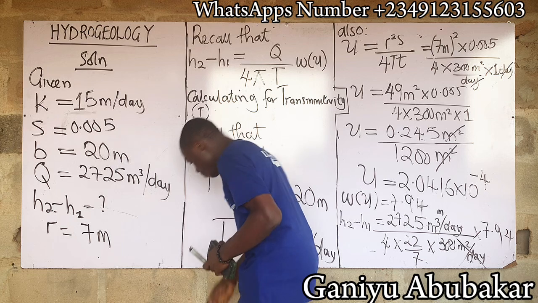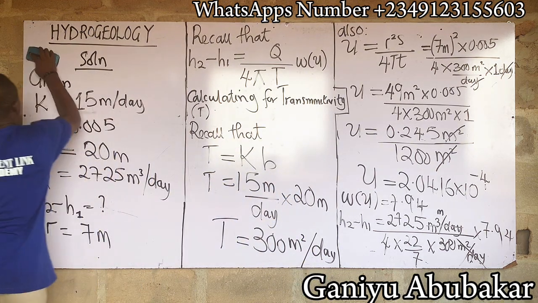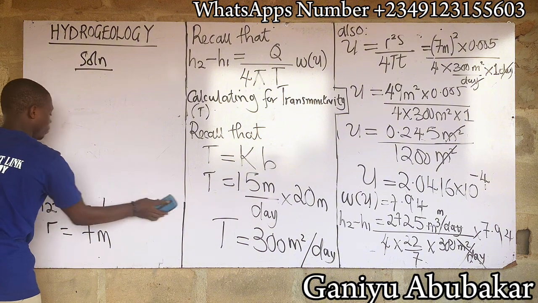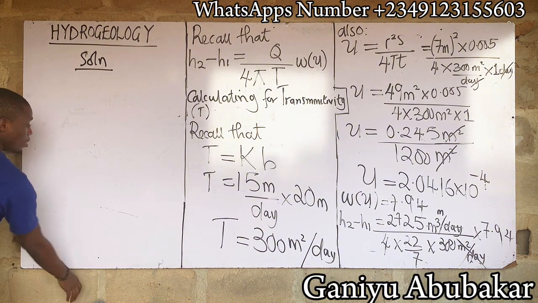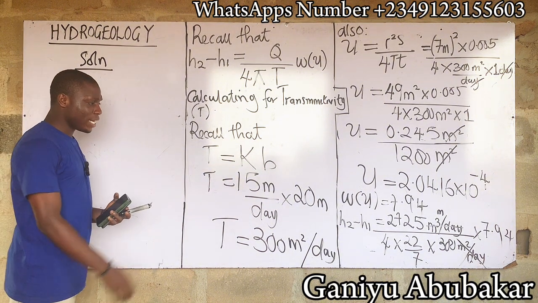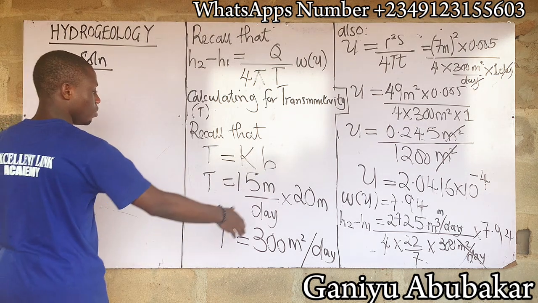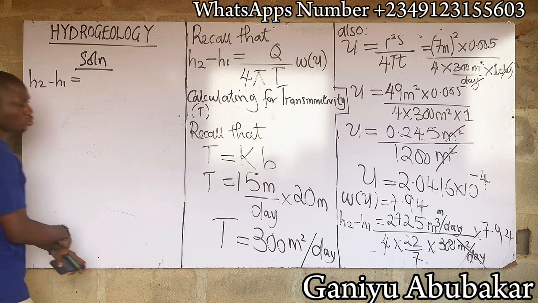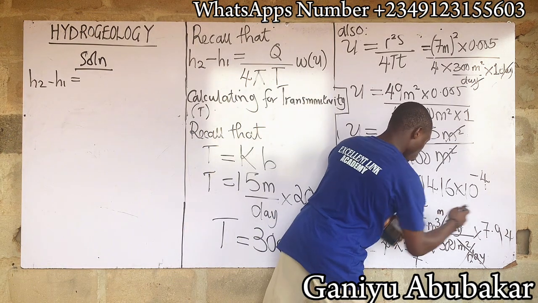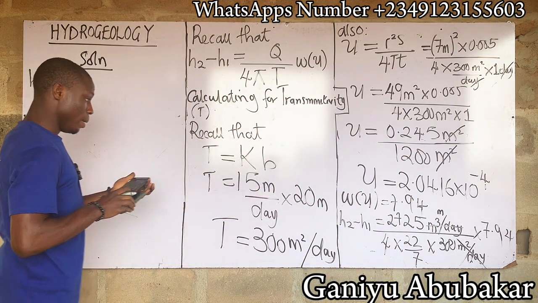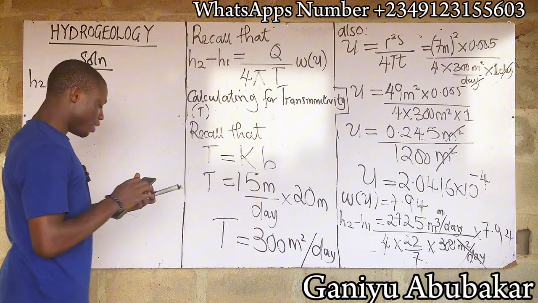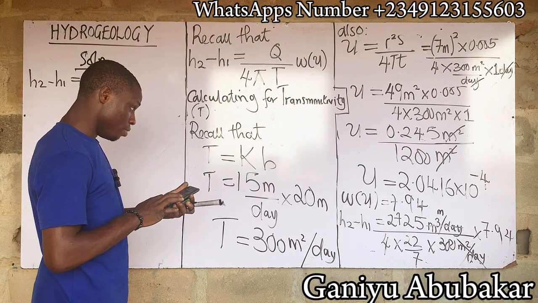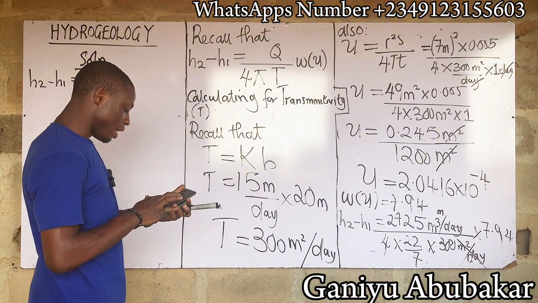So let's get this done, please. From there now, what do I get? I have h2 minus h1 equal to, multiply the numerator, that's 2725 times 7.94.